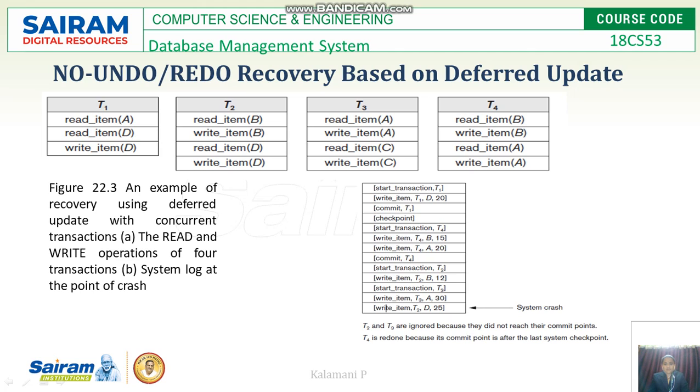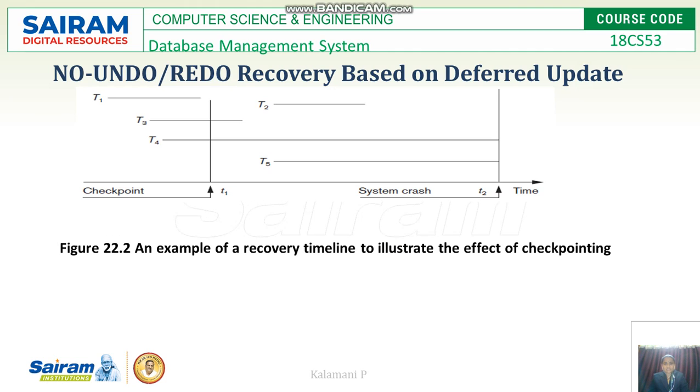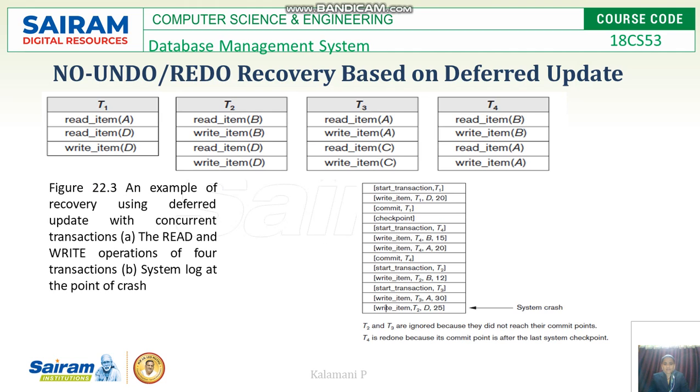T2 started after the checkpoint and is not committed, and T3 also started after the checkpoint and is not committed. These two, T2 and T3, are ignored because they did not reach their commit point before the system crashed. So both transactions should be cancelled.